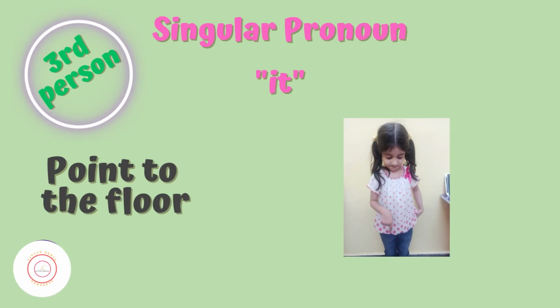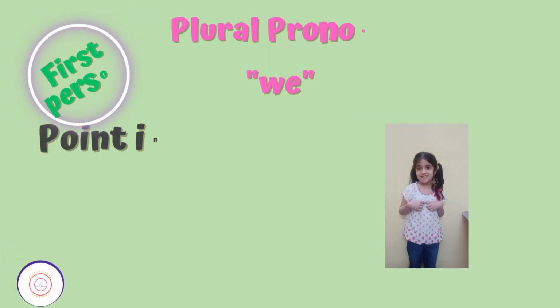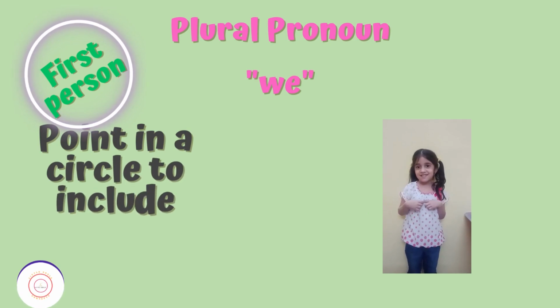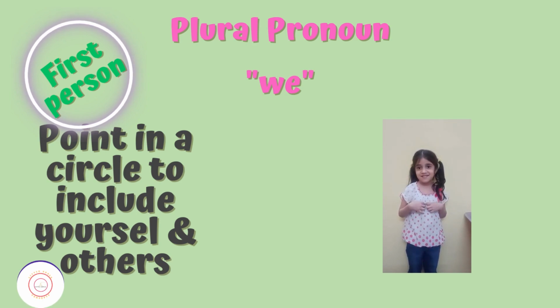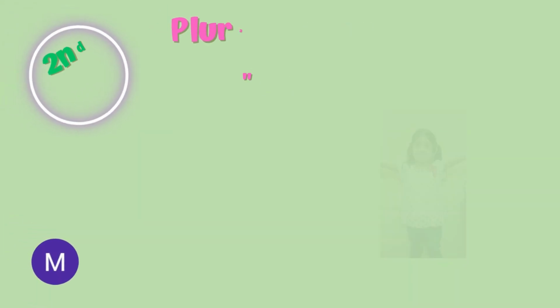It is a third person pronoun and it is singular. Point to the floor. Normally it is used for things. We is a first person plural pronoun. Its action is point in a circle to include yourself and others.